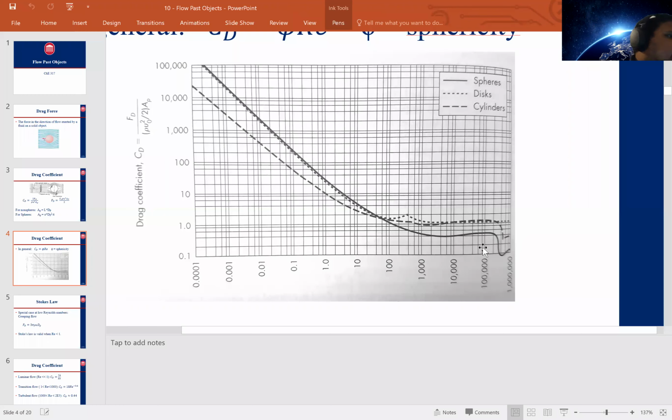And so why do you guys think that there might suddenly be a dip in the figure for Reynolds number? The speed of sound, maybe?